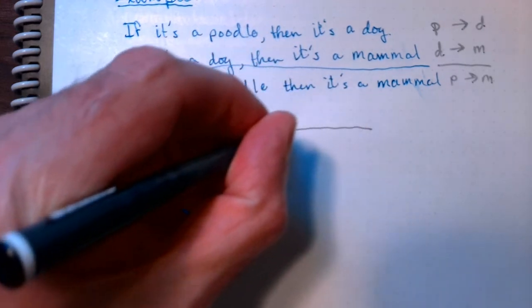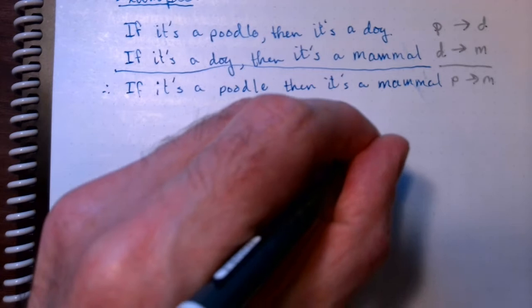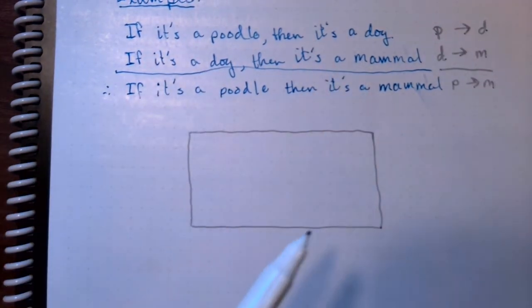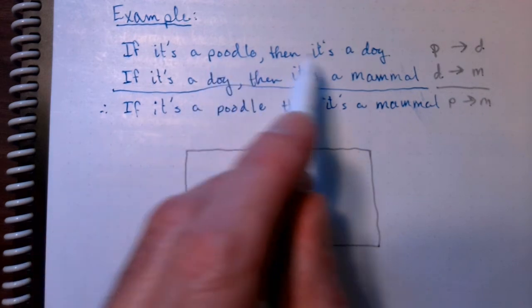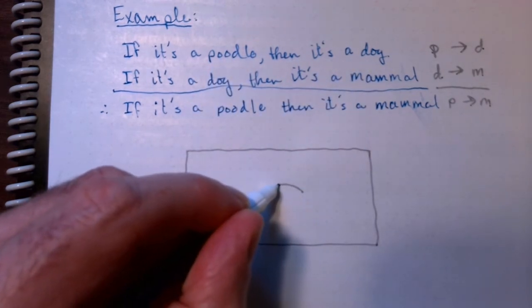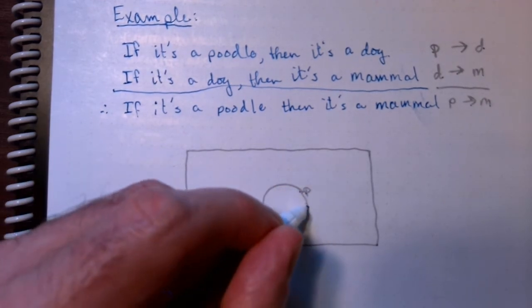Okay, so the first premise of the argument tells me about a kind of containment. It says the set of all poodles is contained in the set of all dogs. So we'll draw a circle for the set of all poodles.